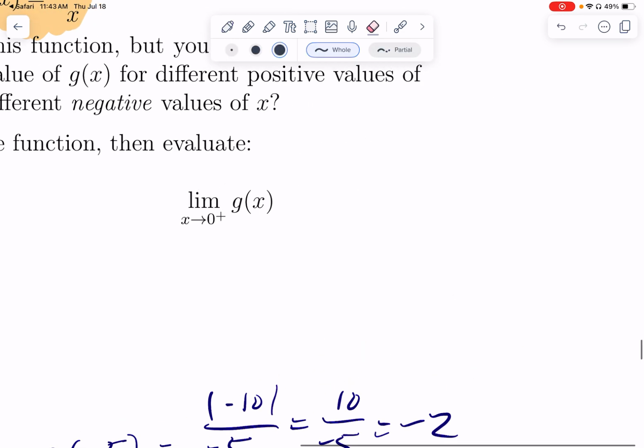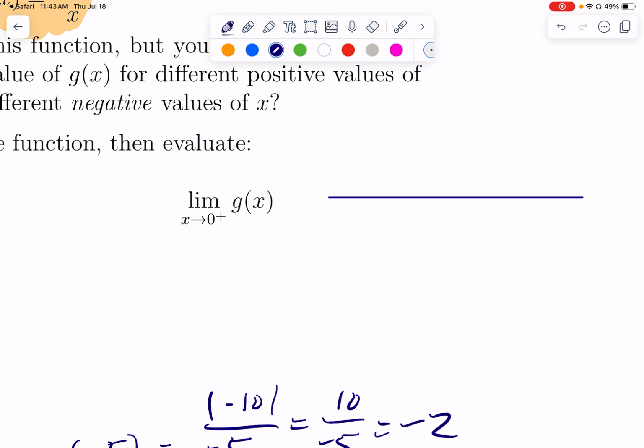Right, so here's what the graph of g looks like. It's a very unusual graph. If I plug in any positive number, my answer is 2. So it's like they're all along a straight line like so, although it's undefined here.